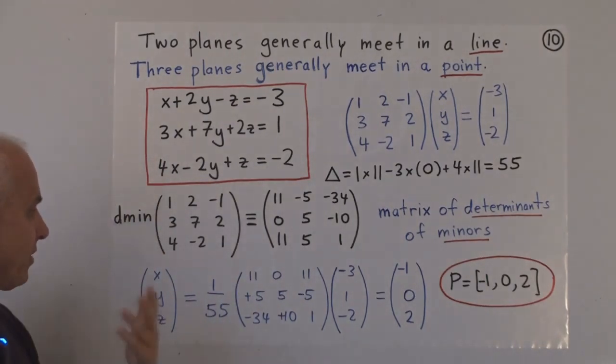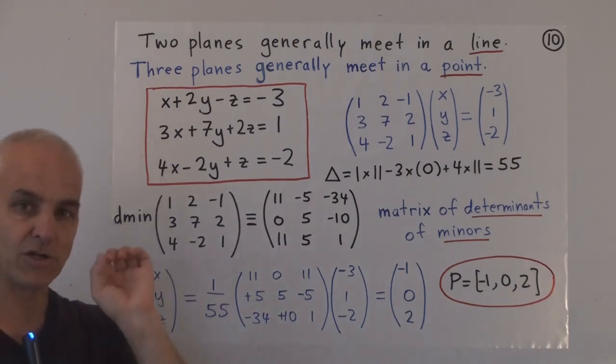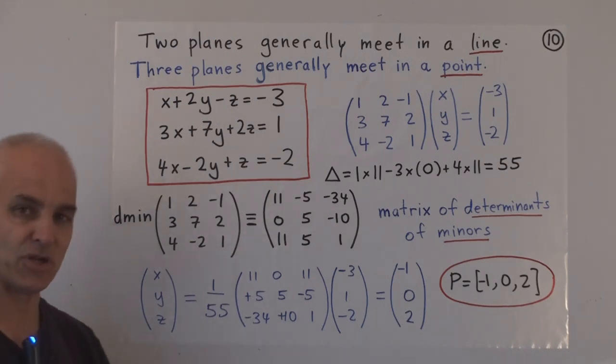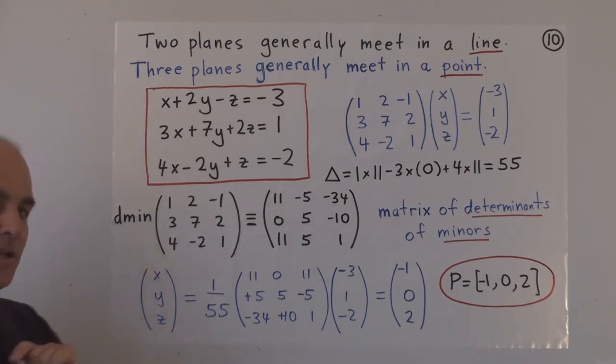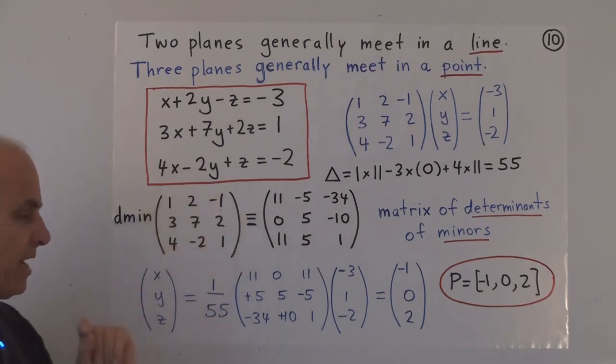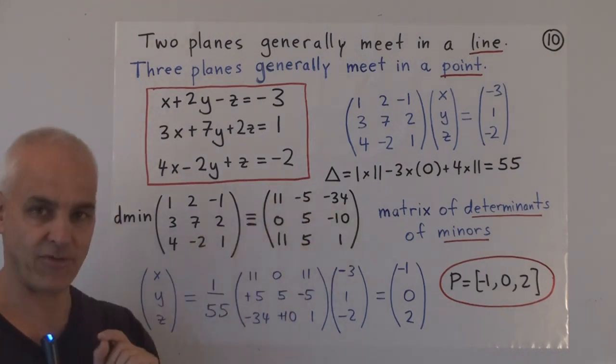The first step, and the one that involves the most work, is to find a lot of little 2 by 2 determinants. So to do that efficiently, let me introduce a new notation. Let's say that the d min of this matrix is the matrix of determinants of minors.